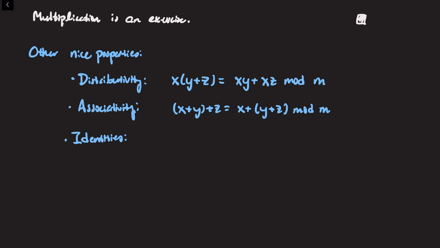So 1 times x equals x times 1 equals x mod m. And 0 plus x equals x plus 0 equals x mod m. And of course we also have commutativity. I'm not going to bother writing that one out.